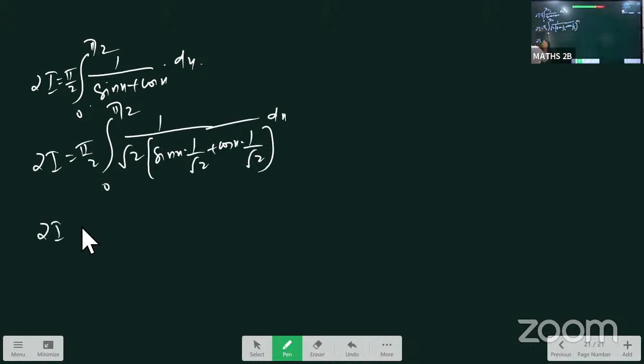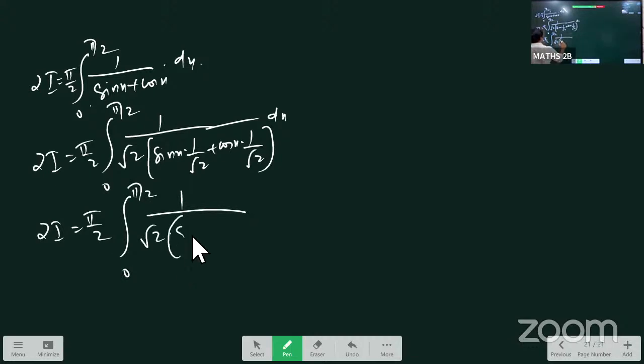Then 2I is equal to pi by 2 into the integral from 0 to pi by 2 of 1 by root 2 into sin x cos pi by 4 plus cos x sin pi by 4. In order to get this, I multiplied and divided with root 2.